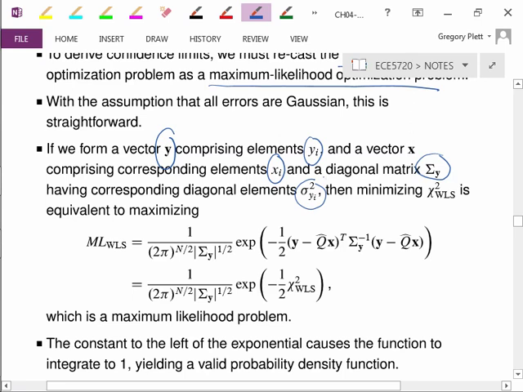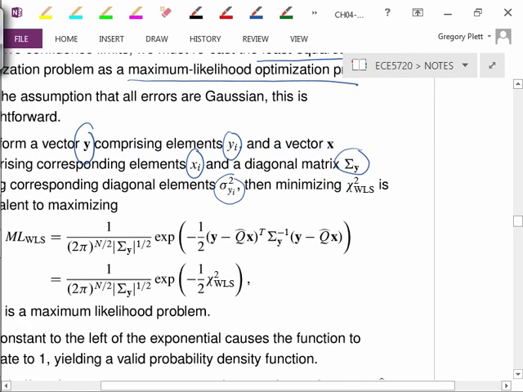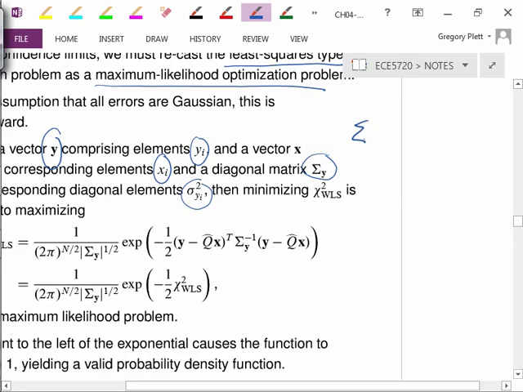Then that allows us to write our weighted least squares cost function, which, if you remember, was the sum of yi minus q hat xi squared over sigma yi squared. I could think of that as the sum of yi minus q hat xi times 1 over sigma yi squared times yi minus q hat xi.